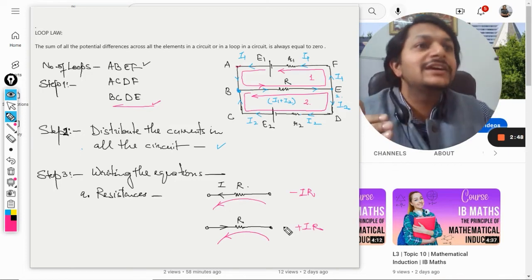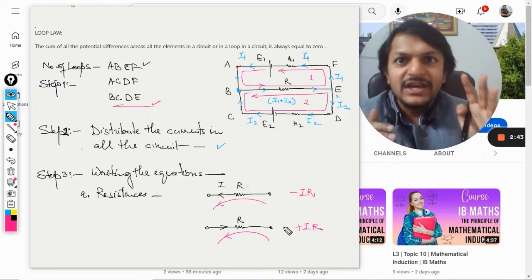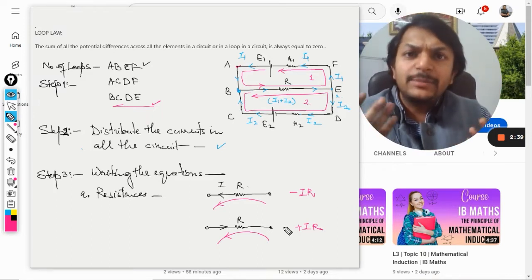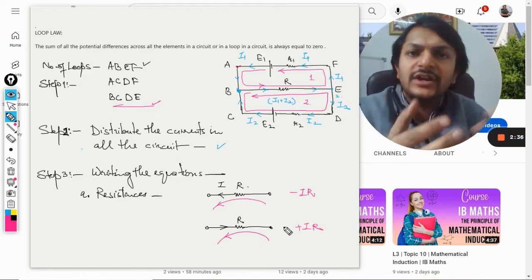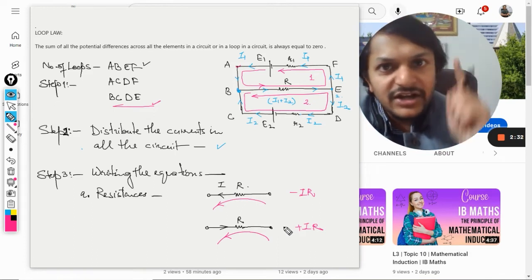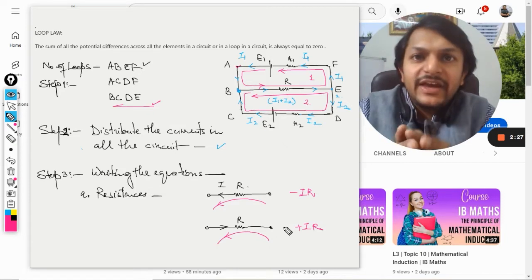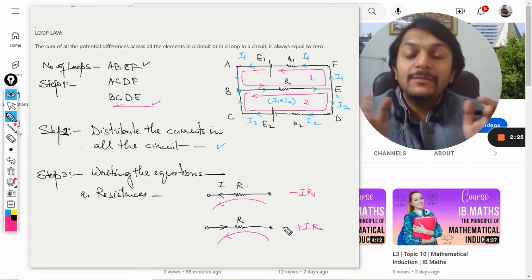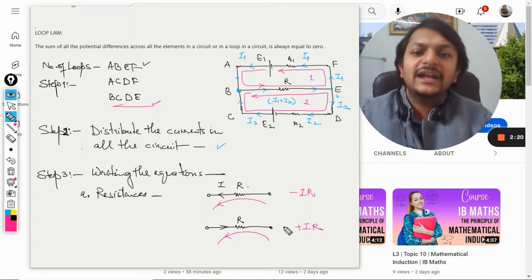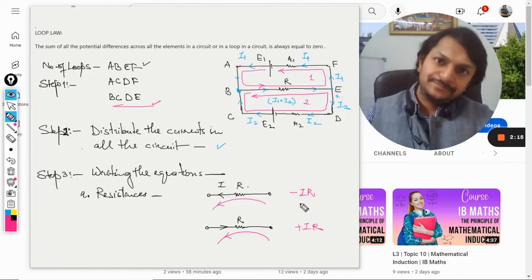Because the water is flowing in that direction and I am moving along with the water, it means my height is reducing with respect to sea level, isn't it? So if I am moving the way the current is moving, I am definitely reducing my potential energy. I am reducing my potential, and that is why it will be subtracted.